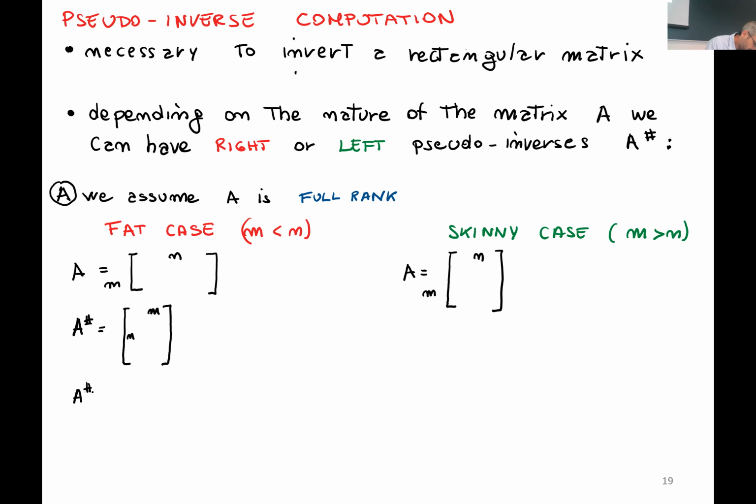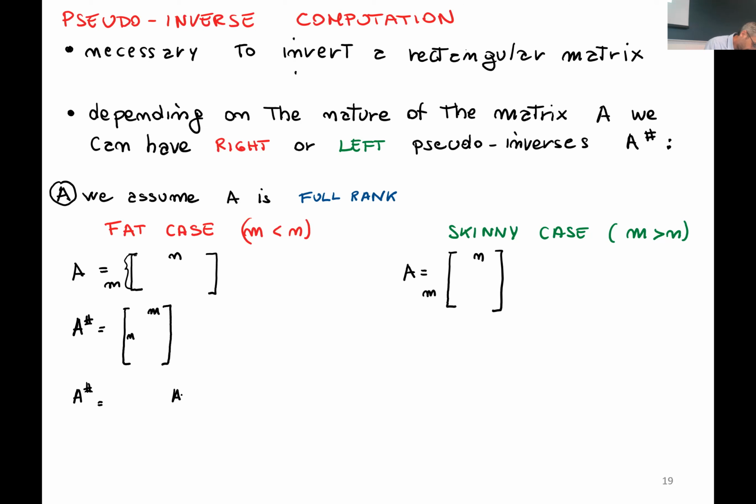And how does it look like? So think about, as a mnemonic trick, what will be the matrix that is invertible here? So we need to make an invertible matrix, and we can do that if, for example, we know that the maximum rank is M, we say A is full rank.